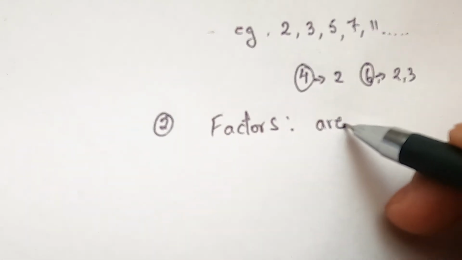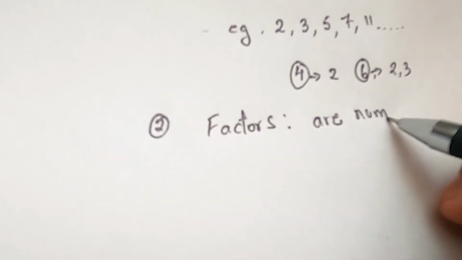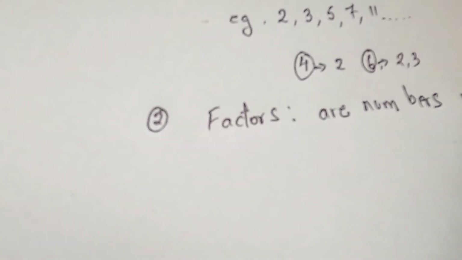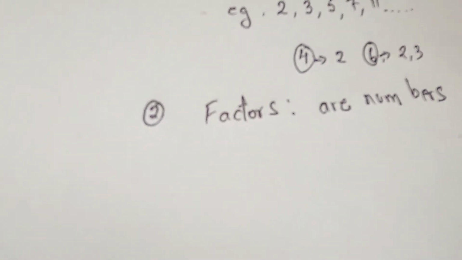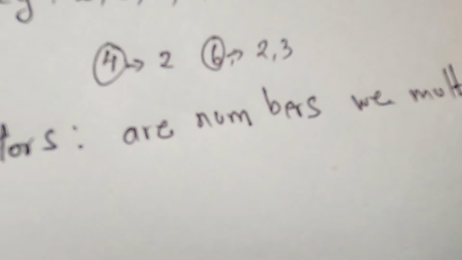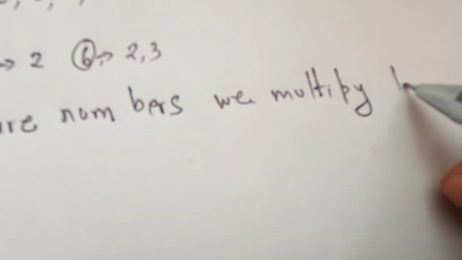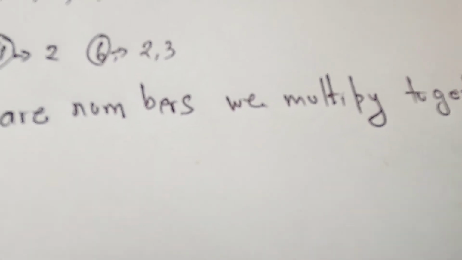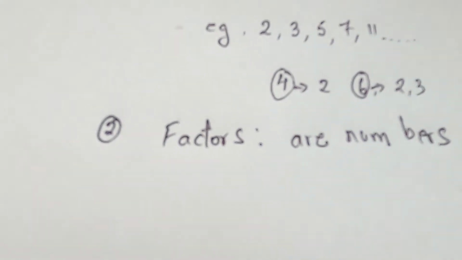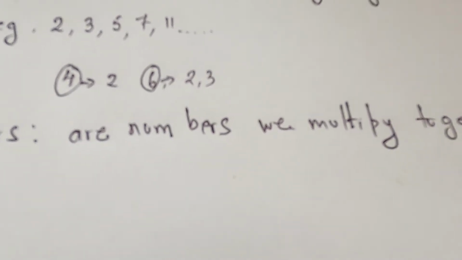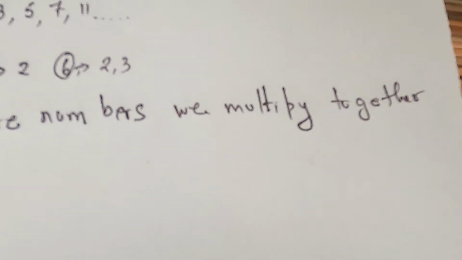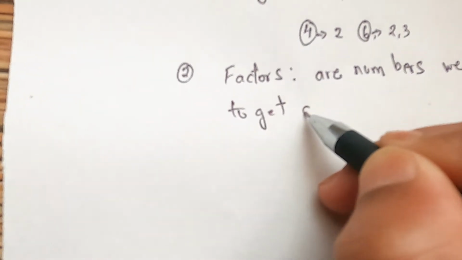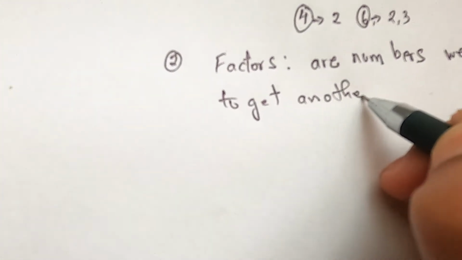Factors are simply numbers we multiply together to get another number.